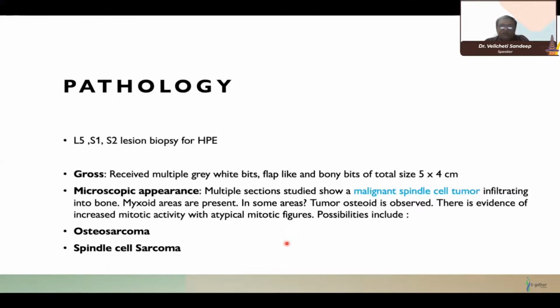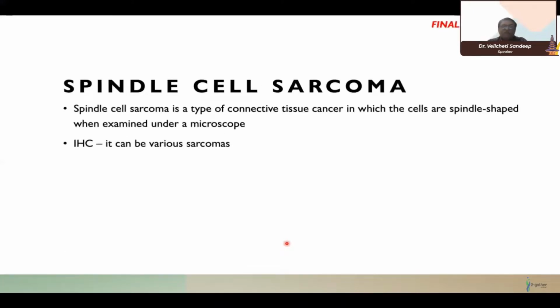We sent for a second opinion. They told that it's destroyed bone rather than tumor osteoid. So it is most likely compatible with spindle cell sarcoma. Spindle cell sarcoma, basically, is more of a morphological definition by pathologists. It can be dermatofibrosarcoma, fibrosarcoma, synovial sarcoma.